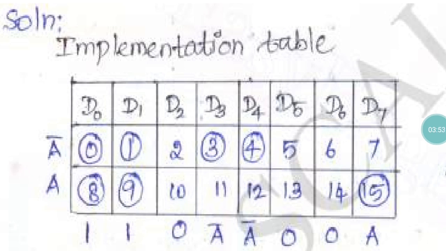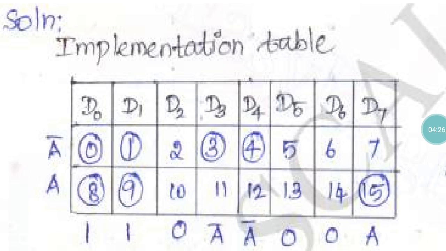In this case, we introduce a bar is 0, a equal to 1. So now, with the implementation table, we take the 4th variable values, a bar and a. A bar represents 0, which is combined with D0, D1, D2, D3, D4, D5, D6, D7, and a represents 1, which is attached to all the input lines.